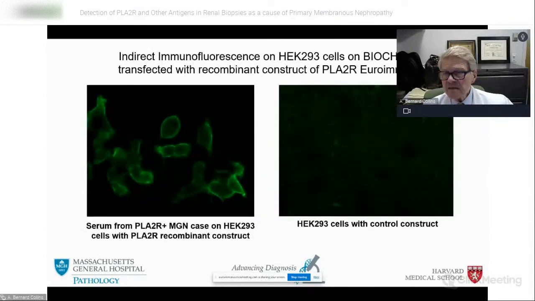And these two images give you, this is a positive serum for PLA2R. And as you see, these are the tissue culture cells that have the construct of PLA2R in them, and you have very distinct staining. When it's tested on the control construct, the positive serum for PLA2R is totally negative.